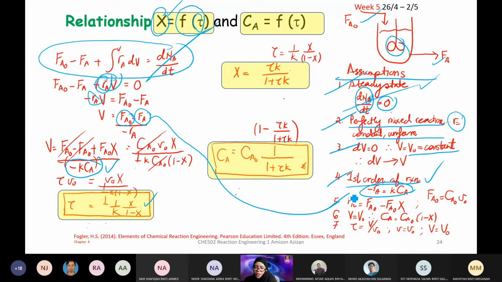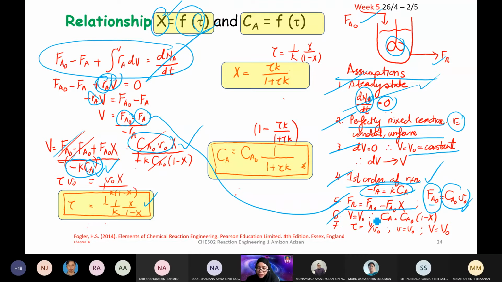We know from assumption number 5 that FA is that equation, so simply substitute it because you want to simplify the mathematical functions and cancel them out. At the denominator we have C, and of course we express the numerator in terms of C as well. So we can express FA0 in terms of C, the concentration. That would be your equation: FA0 is equal to C times the volumetric flow rate.